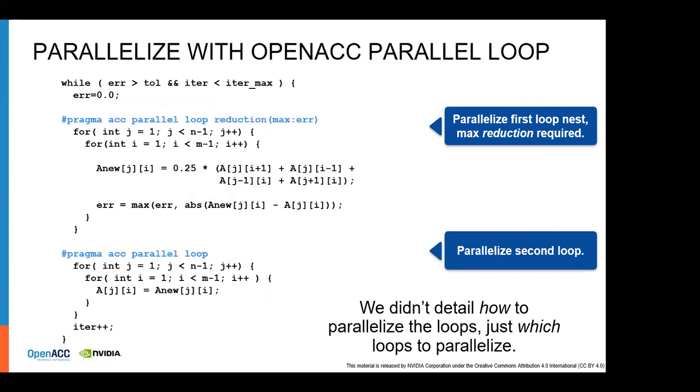So, applying that to our example, on the outer loop, the loop on J, we add this parallel loop, and of course we need to have this reduction clause here, exactly like in OpenMP, because here you see that we are computing the max error over all space, on the J and I indices.